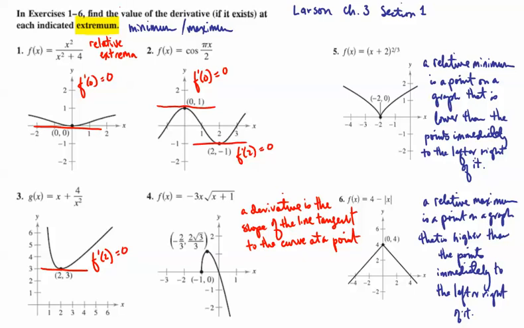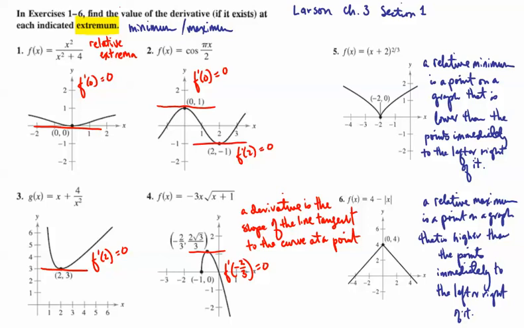Number 4, at negative 2/3, we also have a maximum, and there is also a horizontal tangent there, so f prime of negative 2/3 is equal to 0. So just by looking at these 4 examples, you might be led to think that whenever we have a minimum or a maximum, the derivative is always going to be 0. And that is the case as long as the graph is smooth at that point.